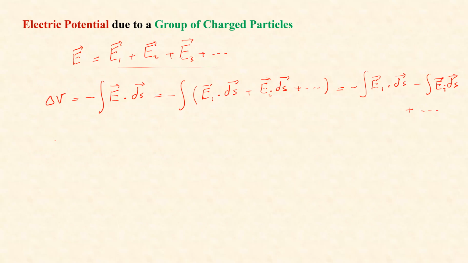It means that delta V is delta V1 plus delta V2 plus delta V3 and so forth from individual charges. Or let me write specifically, the total potential at any position vector r is V1 at position vector r, because at infinity all of them are 0, plus V2 at position vector r plus V3 and so forth.